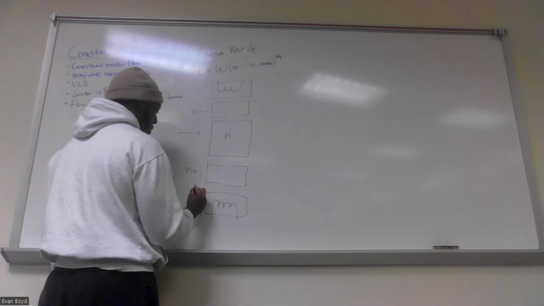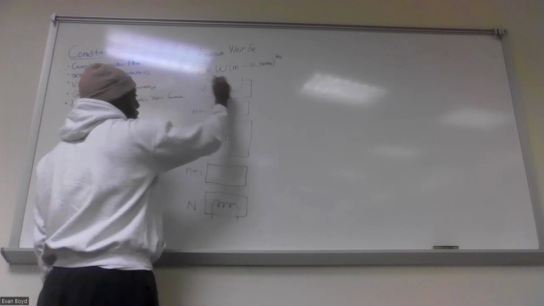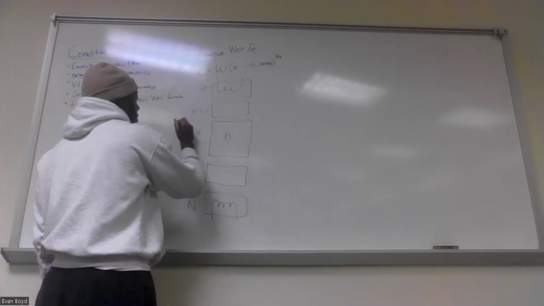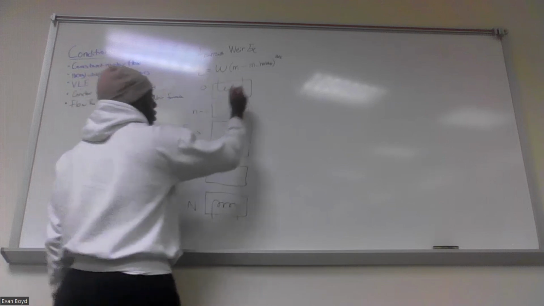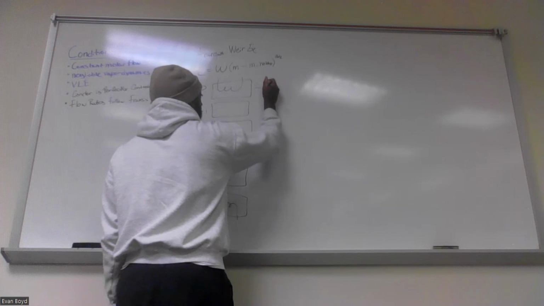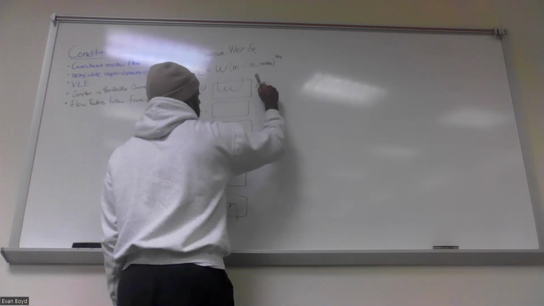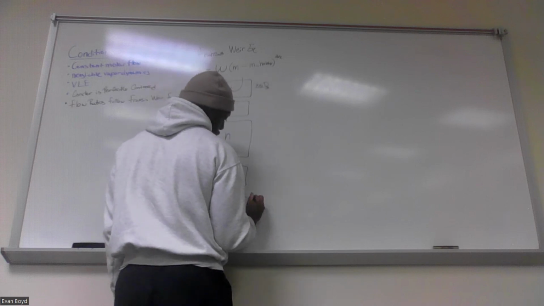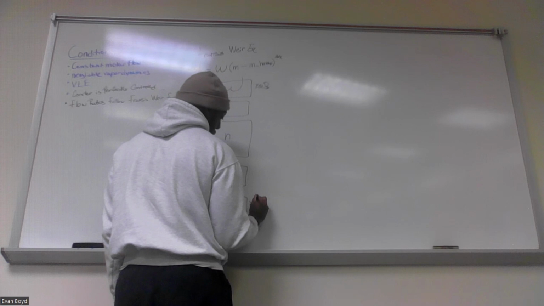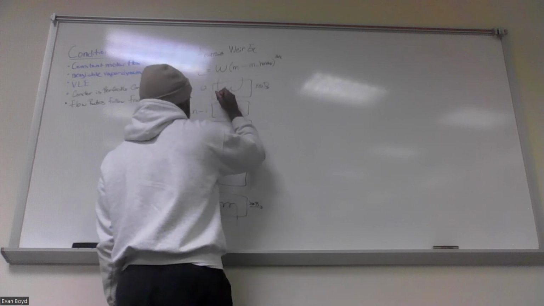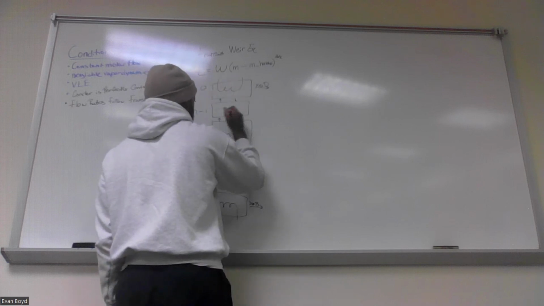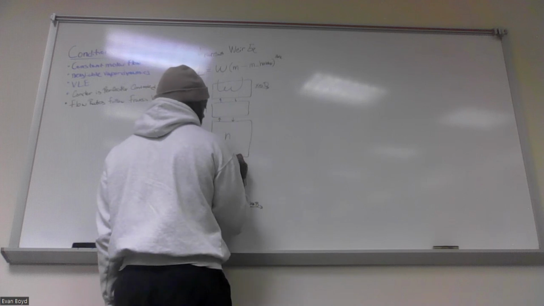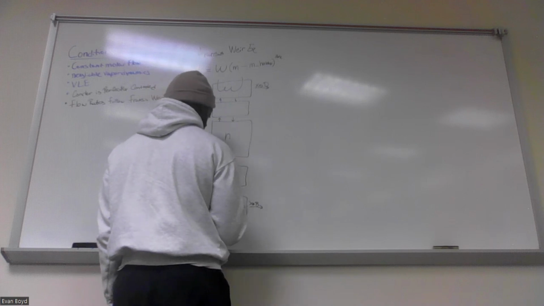The total number of stages is N, starting from 0. So we have our feed, our distillate, and our bottoms. And then we have the liquid and vapors coming in and out of all stages.